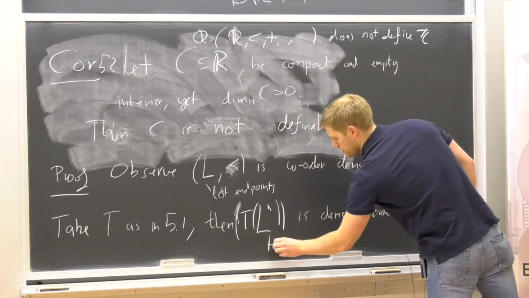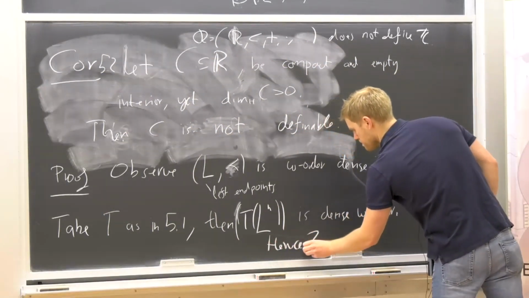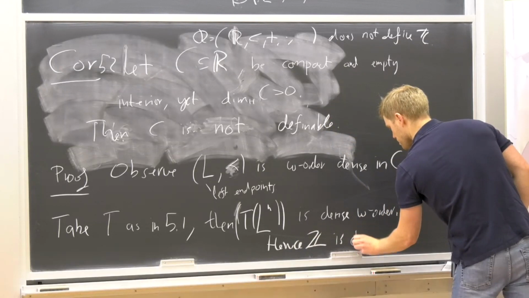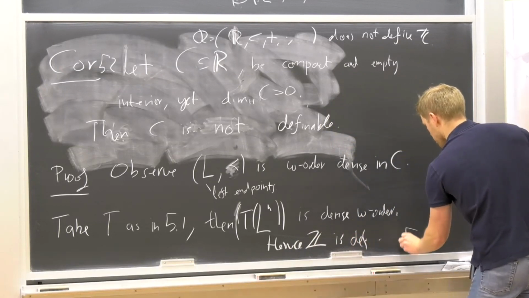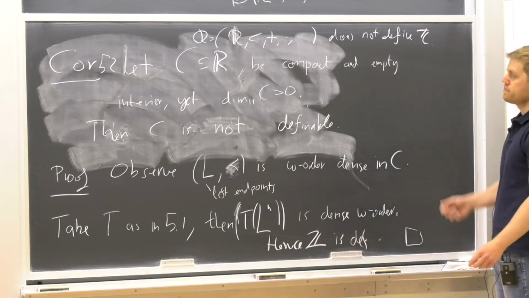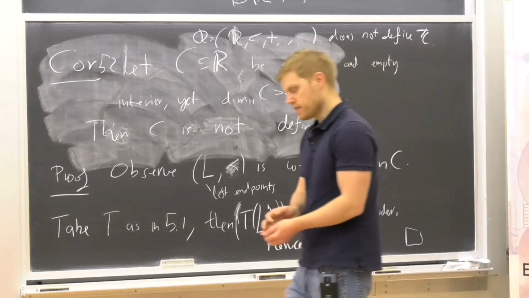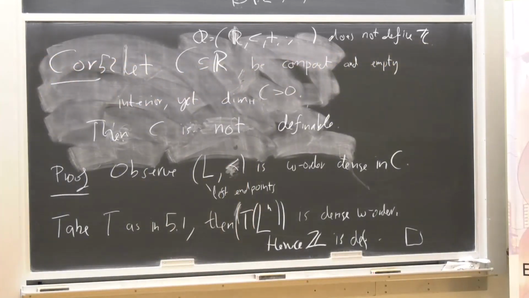And hence, if that is true, Z is definable by one of the earlier results. And so this is how you get it: if you have a set of positive Hausdorff dimension, then you get that it cannot be definable unless the integers are definable.